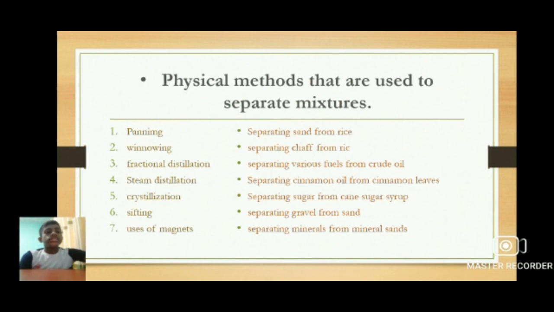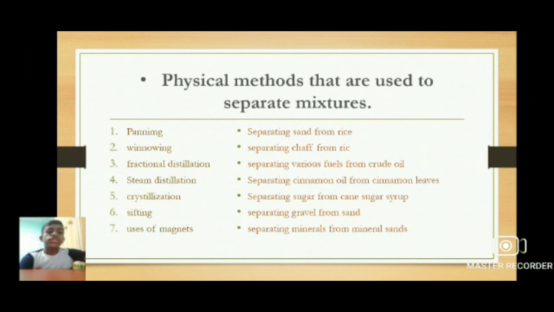Okay, there are some physical methods that are used to separate mixtures. First one is panning, that is separating sand from rice. Second one is winnowing, separating chaff from rice. Third is fractional distillation, separating various fuels from crude oil.